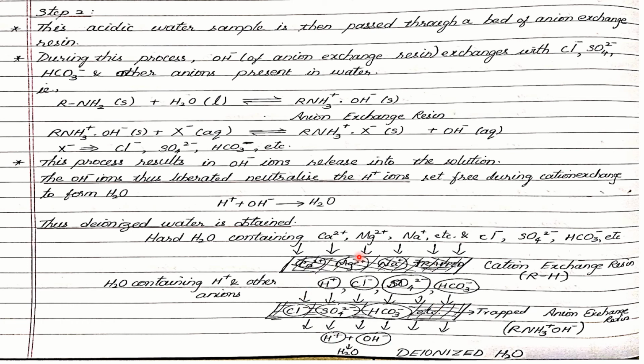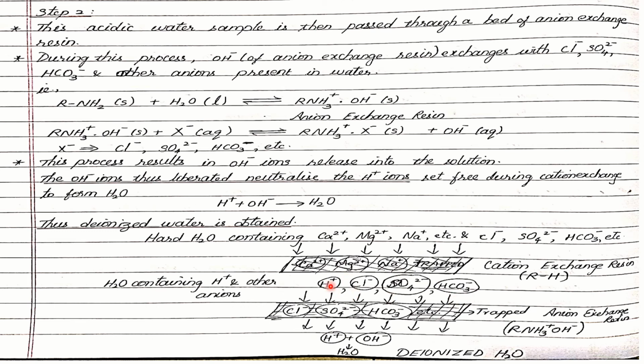Initially, hard water that contained so many cations and anions was passed through the cation exchange resin first, and what does the cation exchange resin do? It exchanges its H+ ions with the cations that were present in the hard water, and the resulting water coming through the cation exchange resin consists of H+ and other anions and no cations.